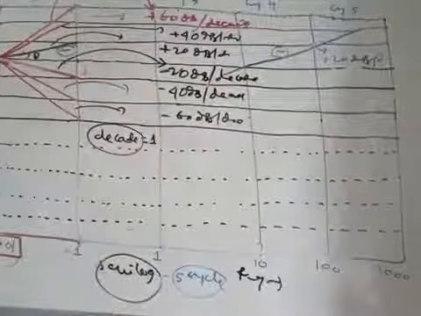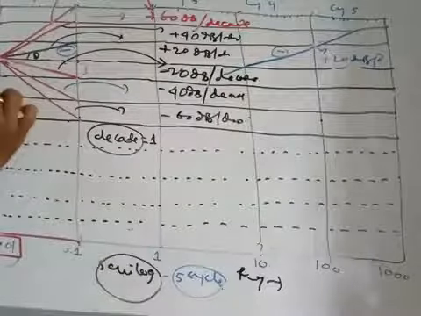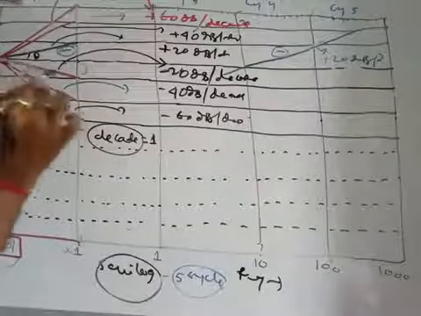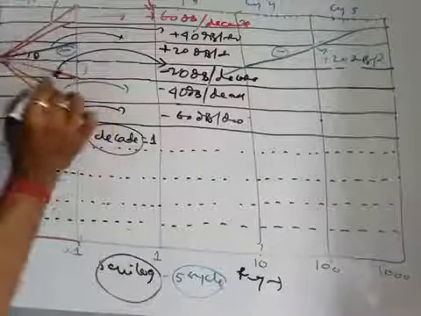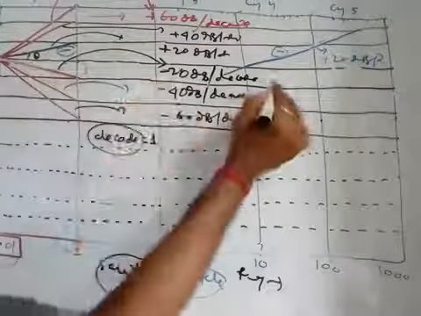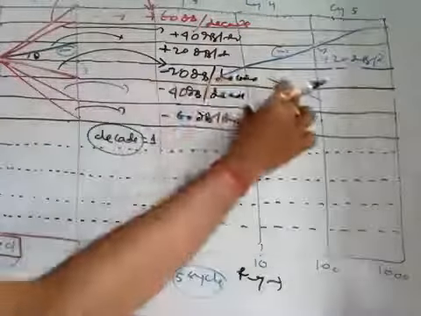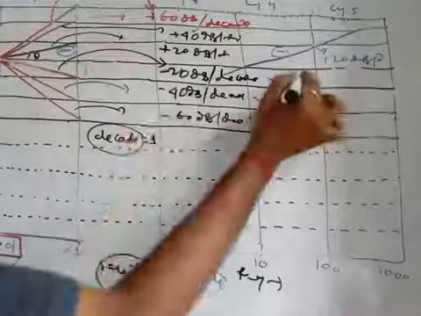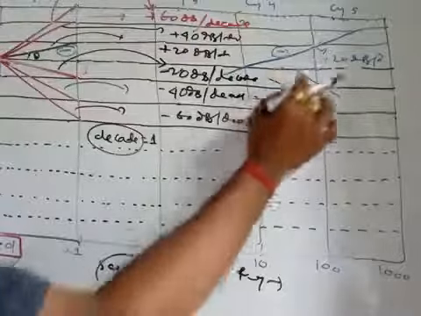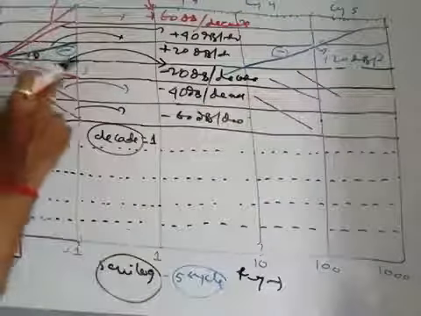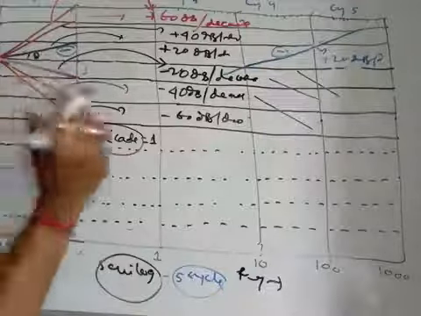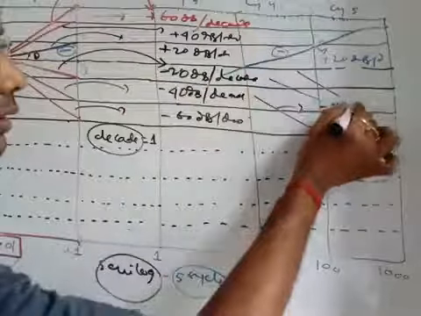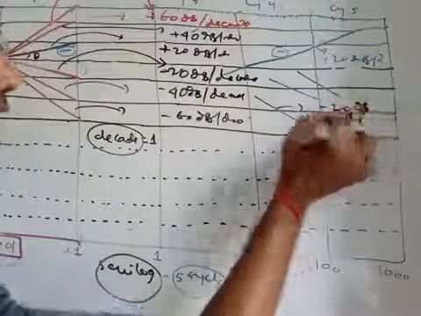Wherever you draw it, say for example this line having slope of minus 20 dB per decade, if you draw a line parallel to this anywhere, if all three lines are parallel to this line, each of them will have a slope of minus 20 dB per decade, right?